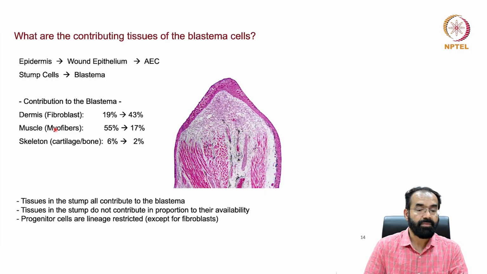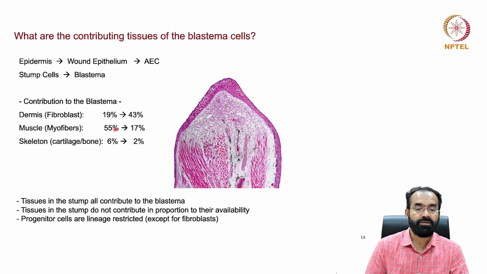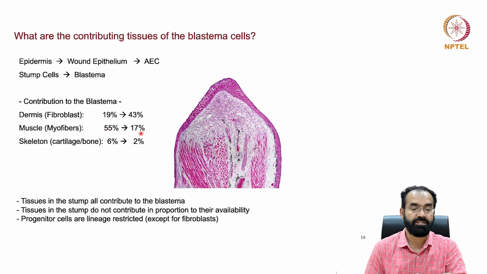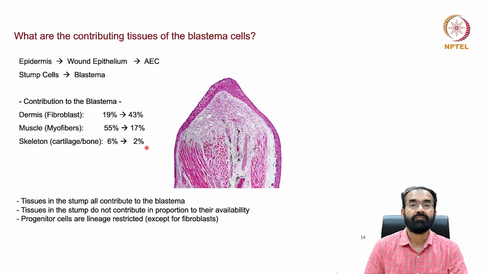In the stump there was 19% dermis, and it is now increasing to 43%. And muscle myofibers, 55% in the stump, will reduce and become 17% in the blastema. And in the skeleton, the cartilaginous bone around 6% will become 2%.